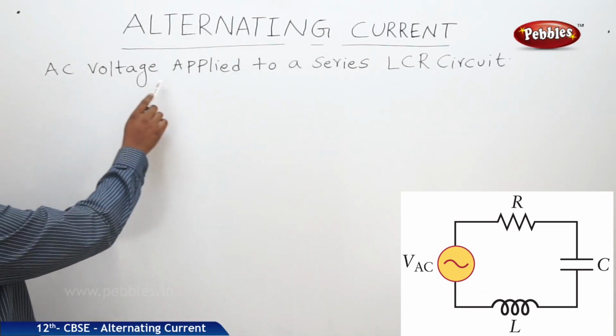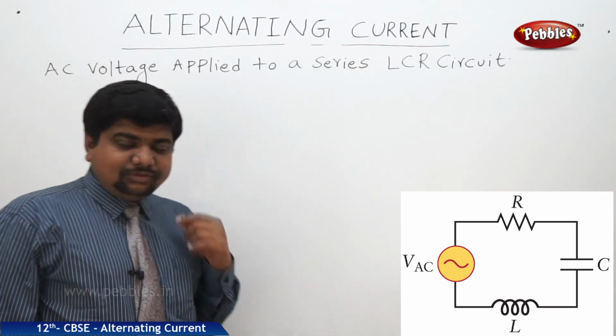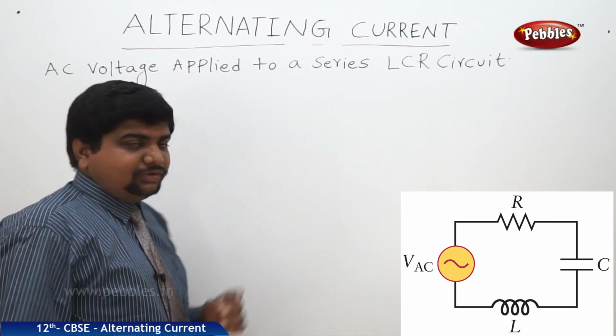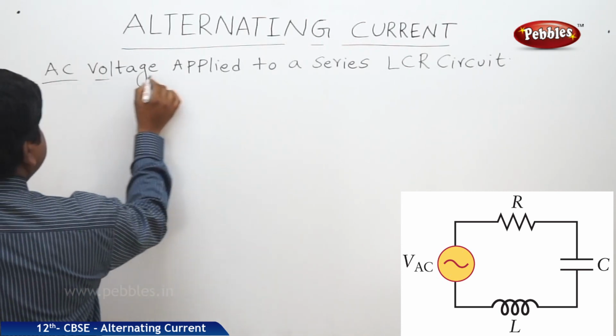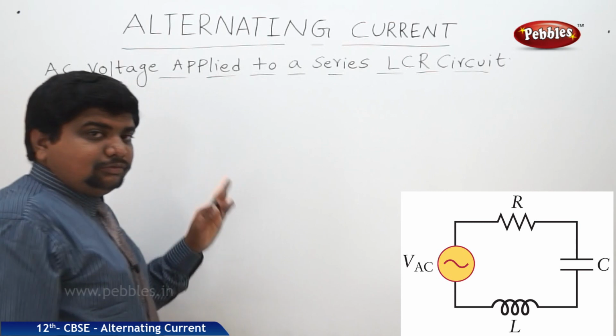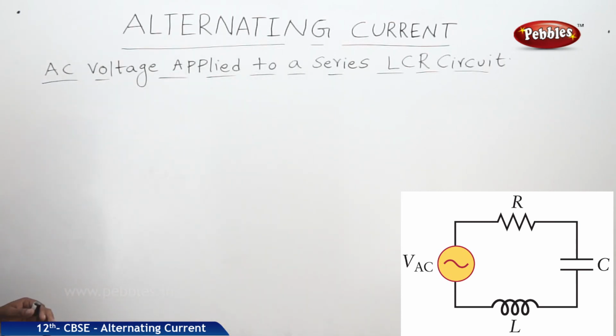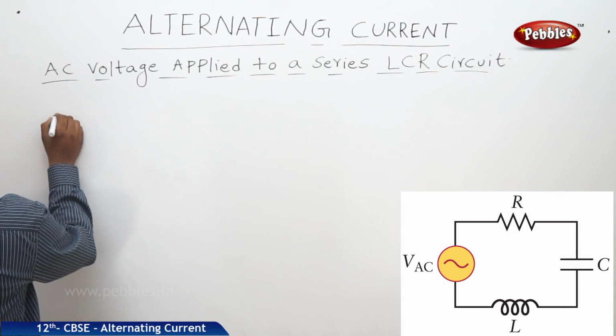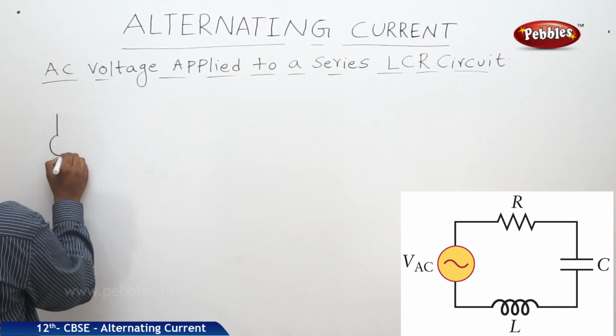The question is: an AC voltage is applied to a series LCR circuit. What will be the current and the remaining quantities we are going to find out? First, we should draw an LCR circuit in series combination with the AC source. This is the AC source.